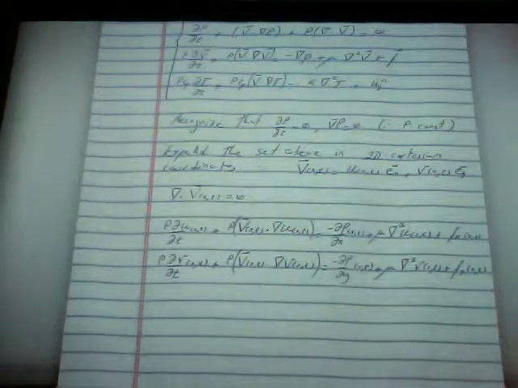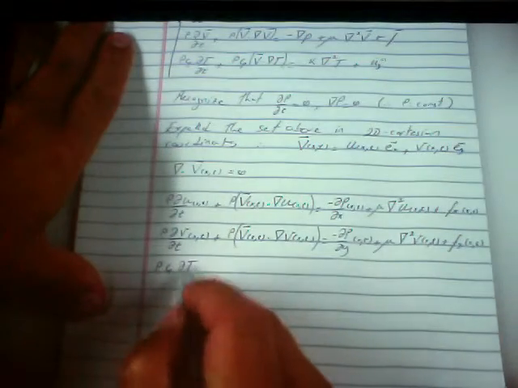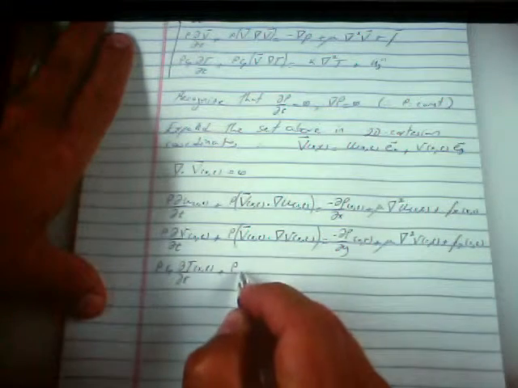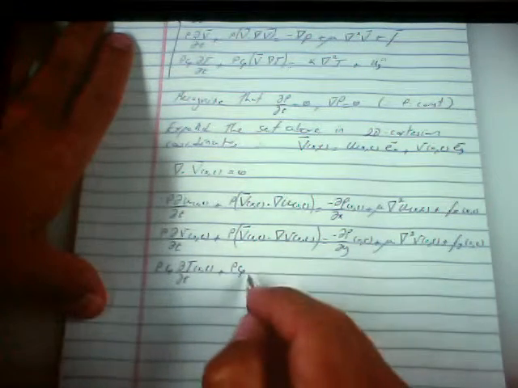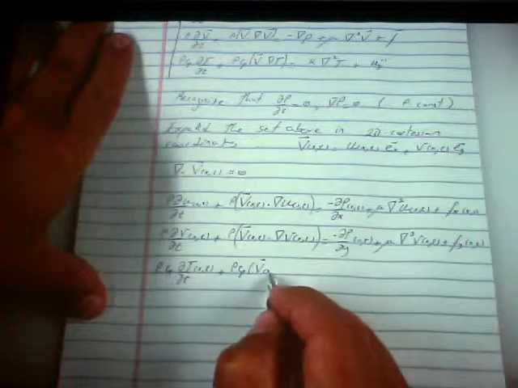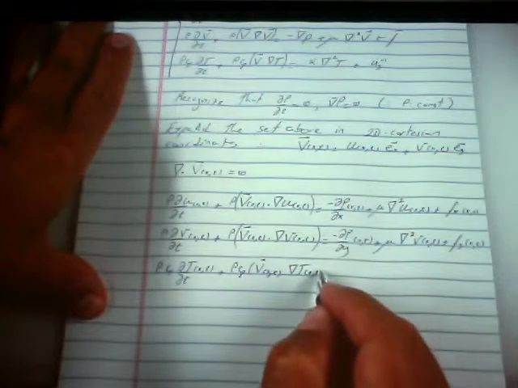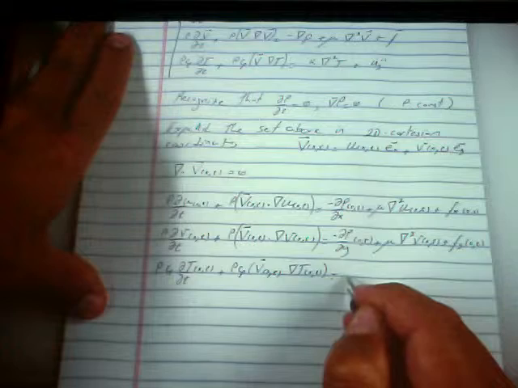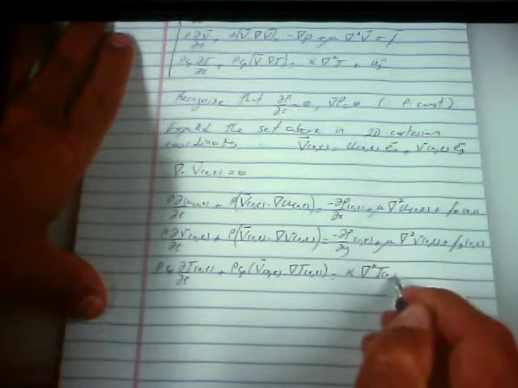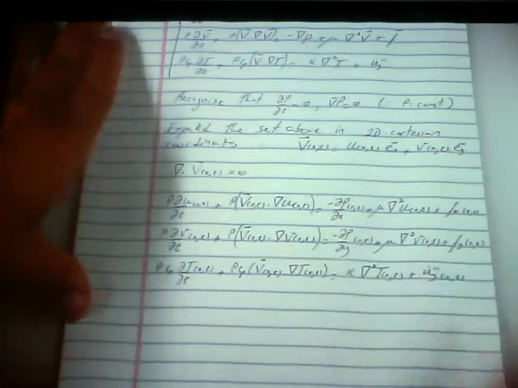And the last equation is the temperature equation, so rho Cp dT dt, which can be a function of space and time, plus rho Cp V grad T is equal to positive k Laplace of T plus u g triple prime, which can be a function of space and time.